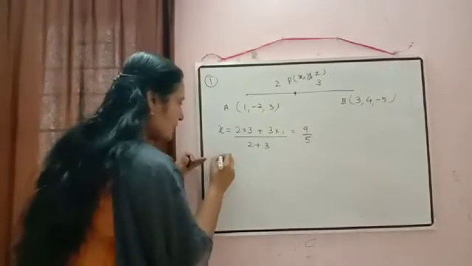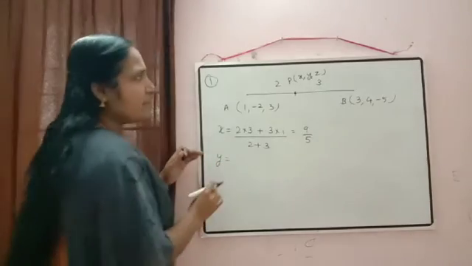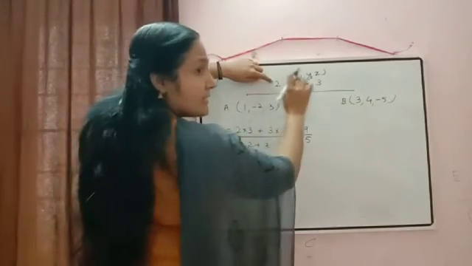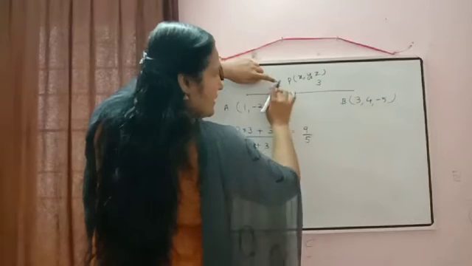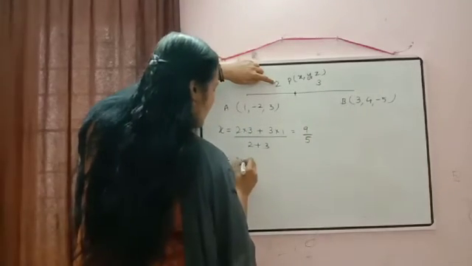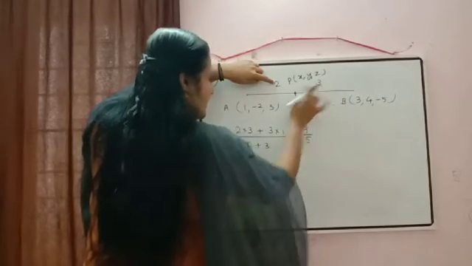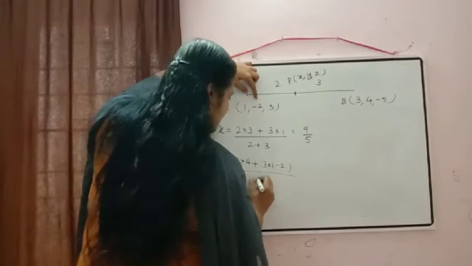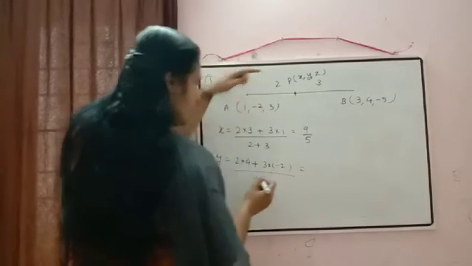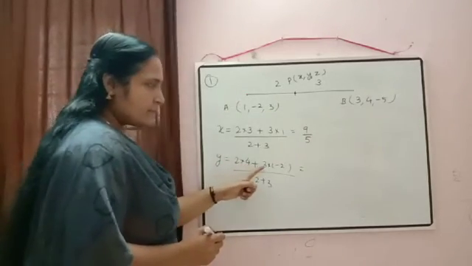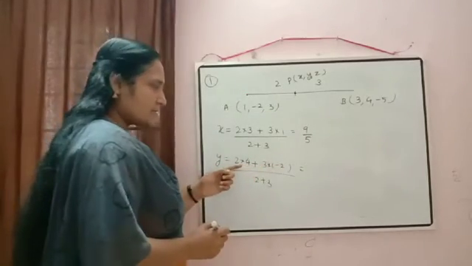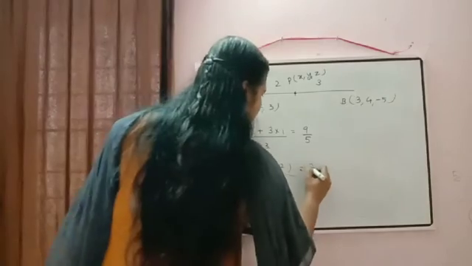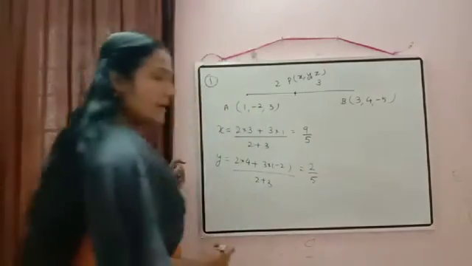Then to get the y coordinate: 2 multiplied by the corresponding y coordinate, 2 into 4 plus 3 into -2, by 2 plus 3. 2 fours are 8, 3 into -2 is -6, so 8 minus 6, we get 2 by 5.